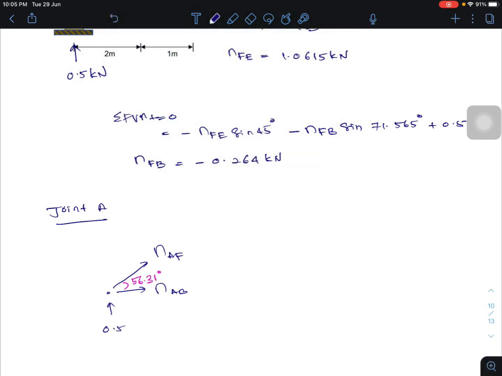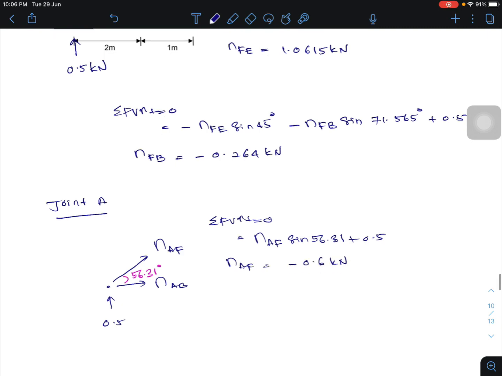So I'm using the vertical equilibrium equation for this force: 0 equals NAF sine 56.31 plus 0.5, and NAF equals negative 0.6 kilonewton.